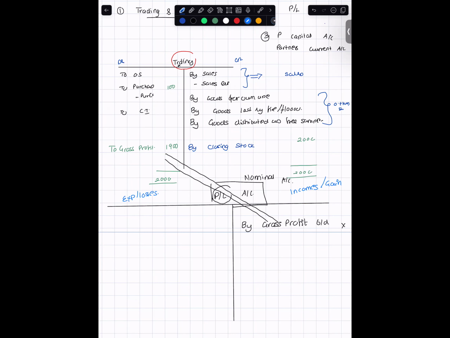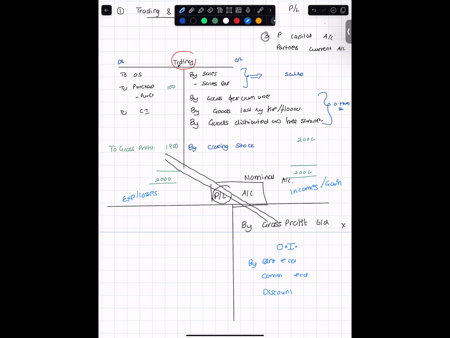Are you with me? So on the credit side of your profit and loss account, you have all your other income. That is, you will have rent received, commission received, discount received.